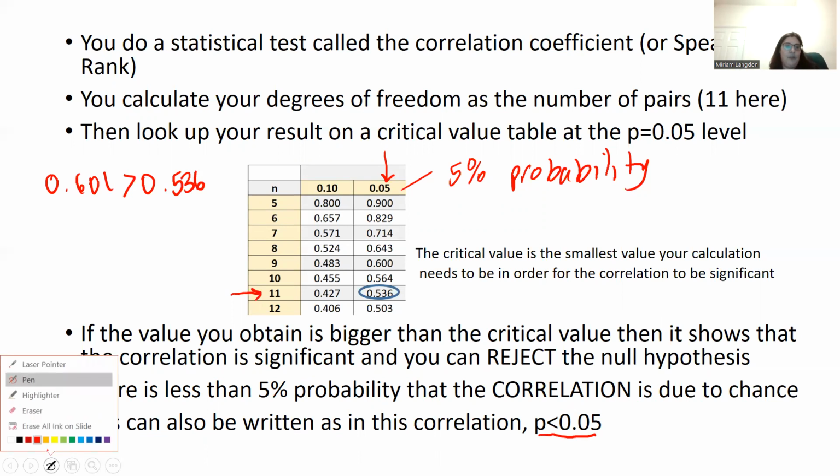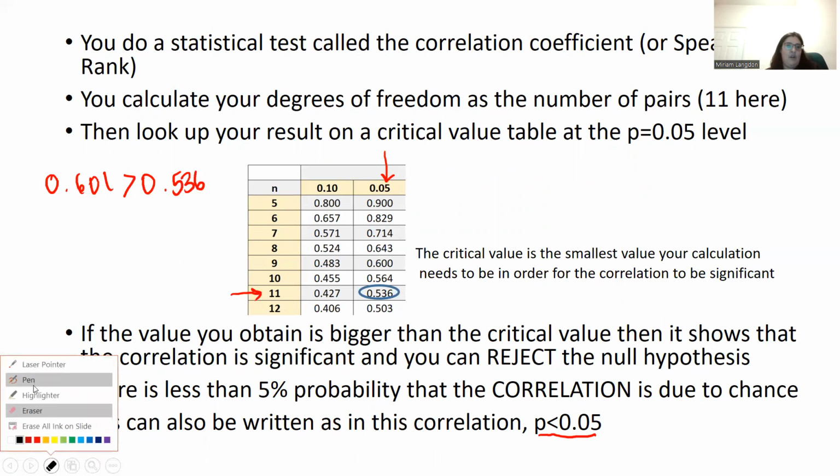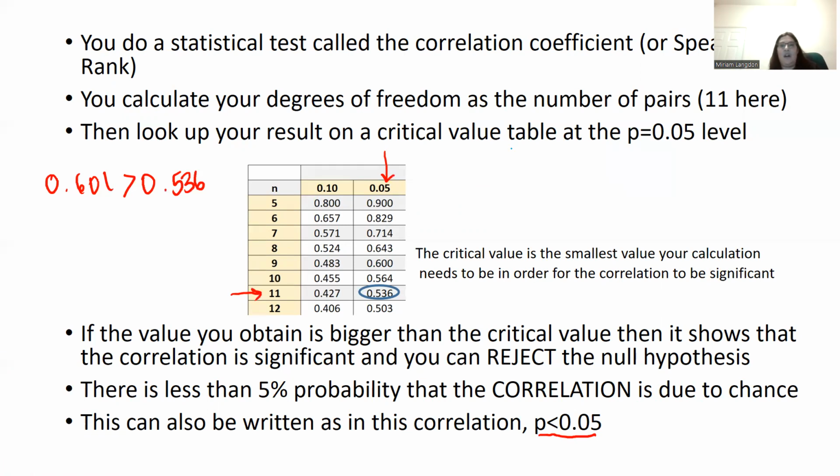However, it is possible that I could end up with a value of, for example, let's say I calculated it and I ended up with a value for my Spearman Rank of 0.42. That is less than 0.536, and therefore I would say there is no significant correlation.